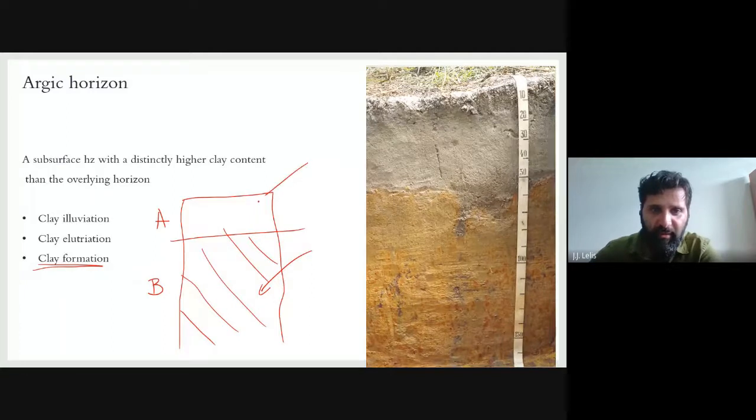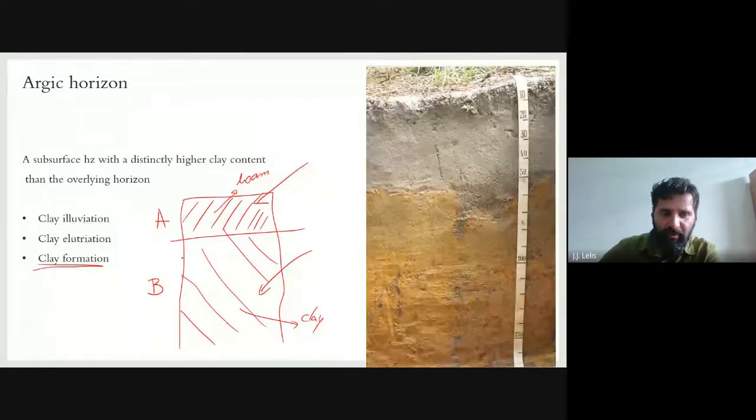And here in the A horizon, we don't have such deep weathering, so the texture here is something like loamy or sandy or silt. But here we have a clay texture.